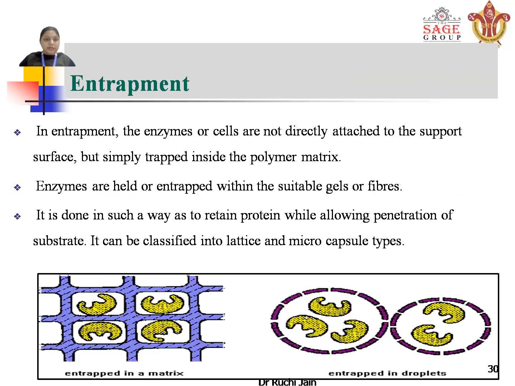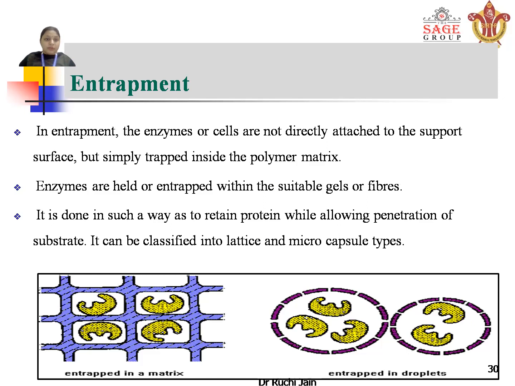So next one is the entrapment method. In the entrapment method, we are not directly binding enzymes to the carrier. Here the enzymes are entrapped inside the polymer matrix. So they are not directly attached, they are trapped inside the polymer matrix.